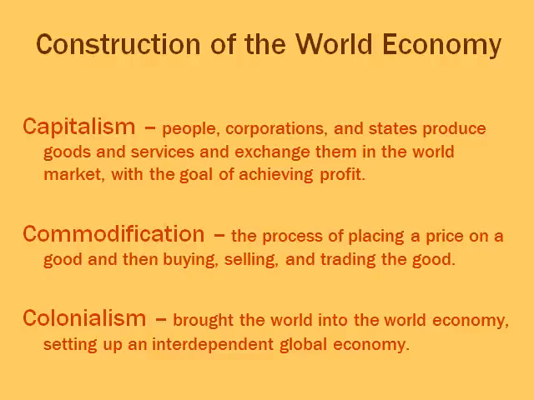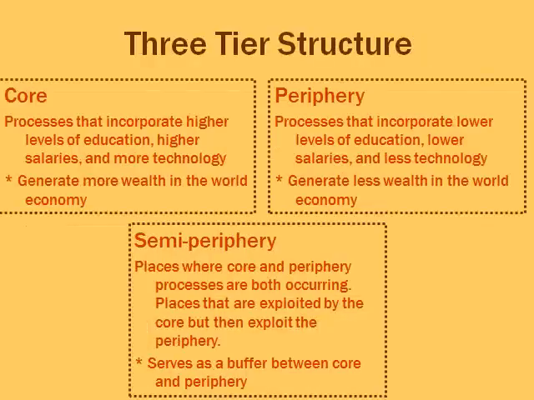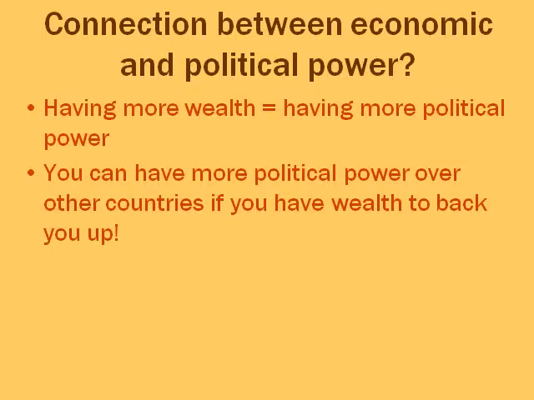In this case, anything that is bought and sold is a commodity, so it's engaging in commodification. That relates to the idea of capitalism, where you want to make a profit, and in turn, colonialism came about as a result of those ideas, trying to make money, trying to buy and mostly sell, and so keeping track of those terms is important for this chapter.